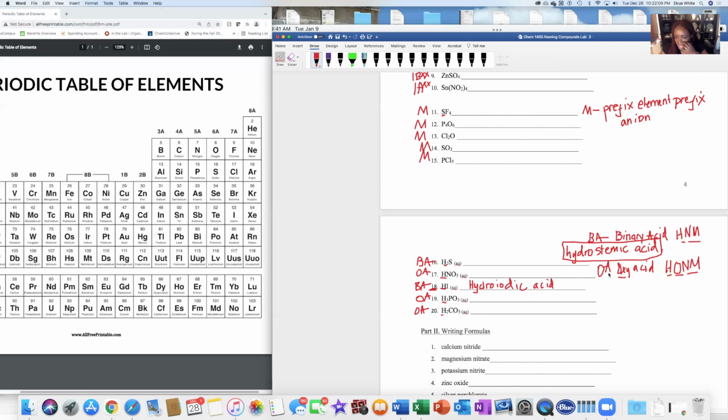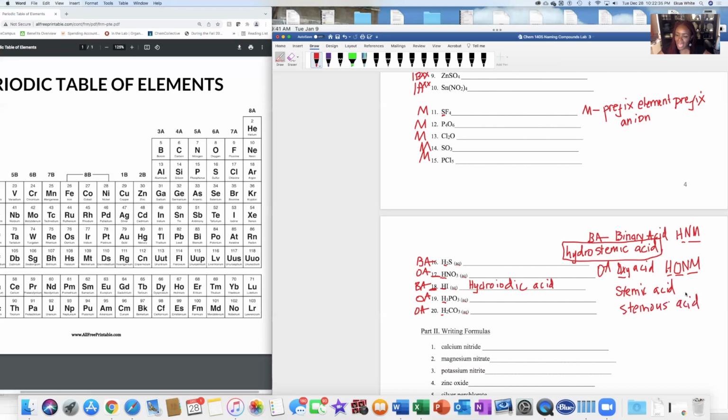Okay. And then for the oxy acid, let me pick one. I'll name number 17. For the oxy acid, you're either going to have stem-ic acid. There are two choices to pick from, or stem-ous acid.